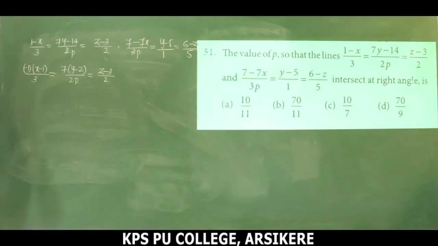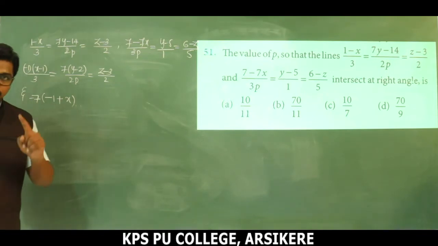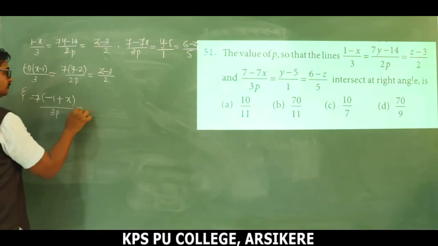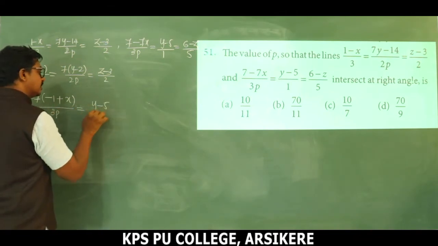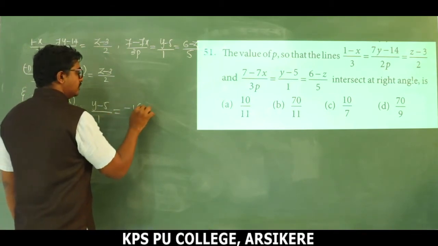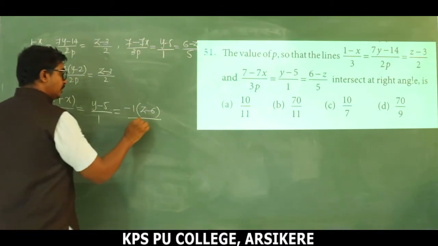In the second equation, 7 minus 7x, minus 7 is common, that becomes minus 1 plus x, because we have to reduce the coefficient of x to 1, divided by 3p is equal to, there is no change in the second term, y minus 5 divided by 1 is equal to, here also minus 1 is common, this is z minus 6 or minus 6 plus z divided by 5.